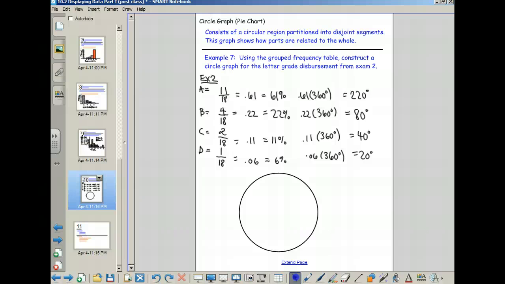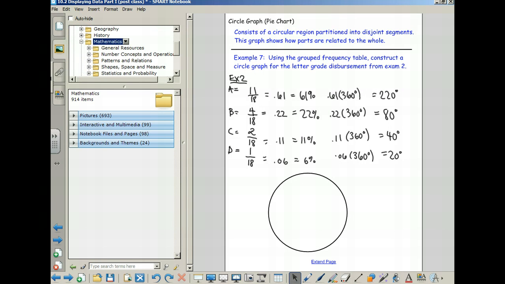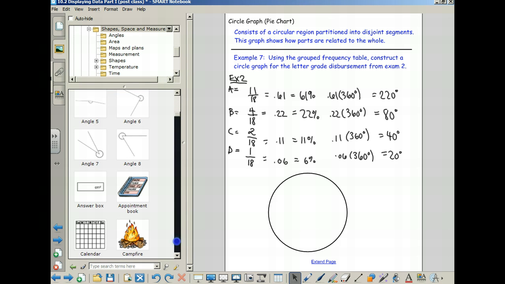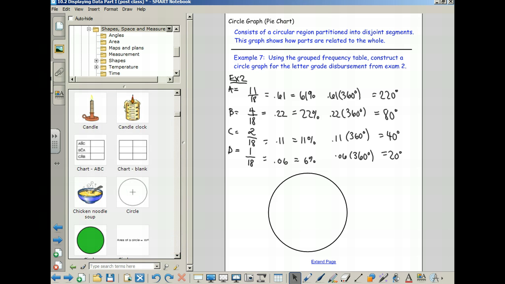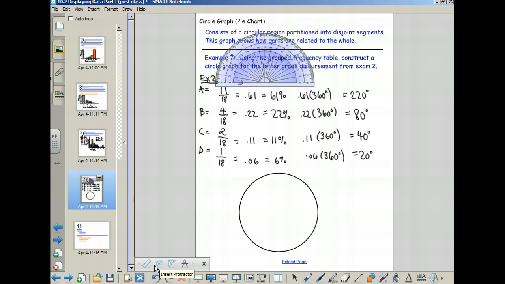And let's see if I can find it. Write it down, of course. Okay, so if you don't have a protractor, it's not a big deal.